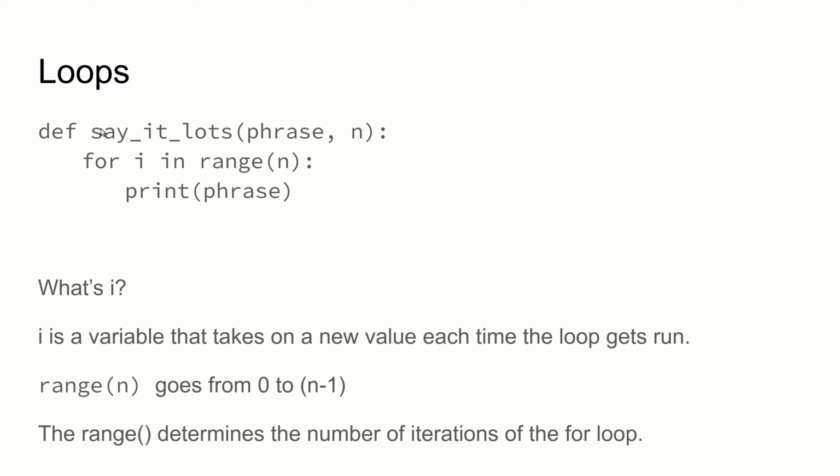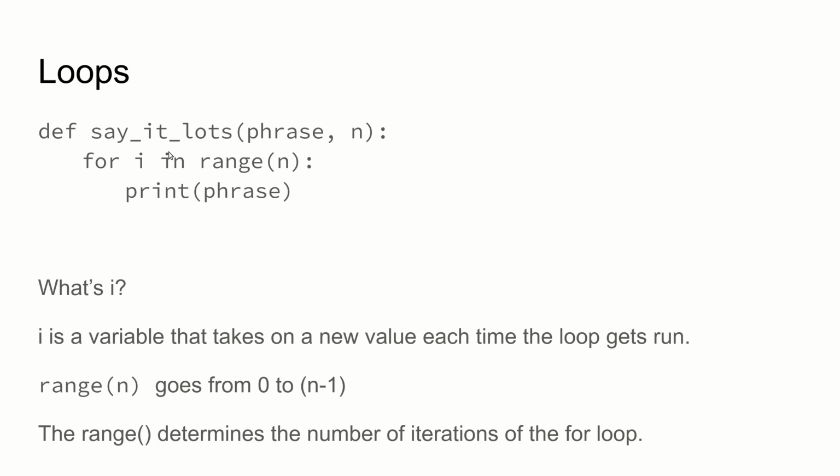So here is a function that will allow us to print some phrase lots of times. The user will define n, the number of times that we would like our phrase to be printed, and they will define what the phrase is. And then we say for i in range(n), meaning that we're going to repeat our for loop n times, giving the values 0 through n minus 1, because remember that range(n) goes from 0 but not quite up to n, which is n many numbers.